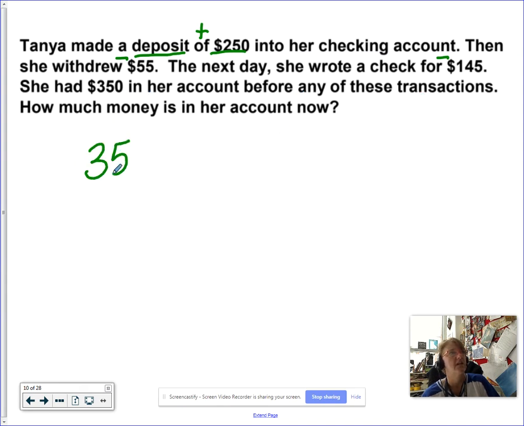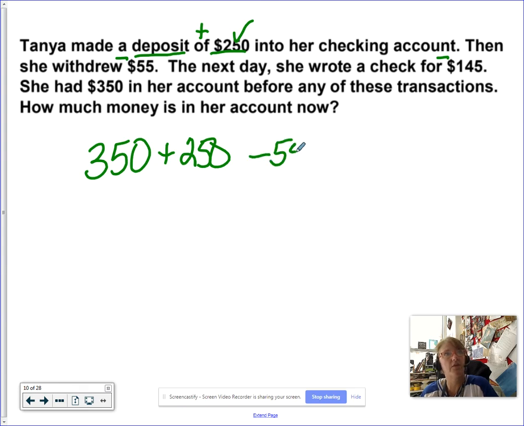Okay. Tanya, you've got 350 bucks. The first thing she does is she's making a deposit of 250. That's that one. Then she made a withdrawal. She withdrew or took out $55. And then she wrote a check. That's another subtract of 145. Now we need to find what she has left.